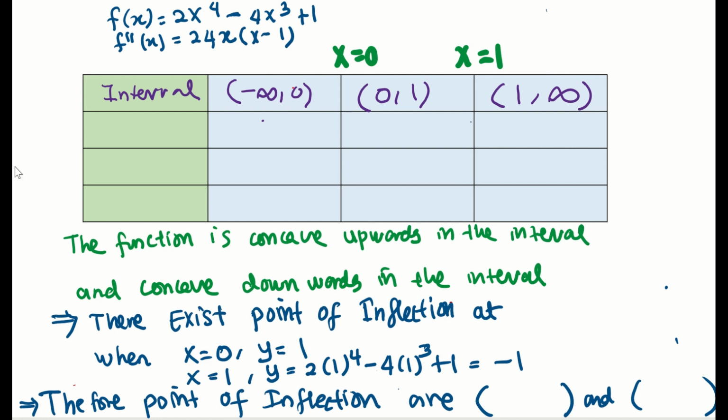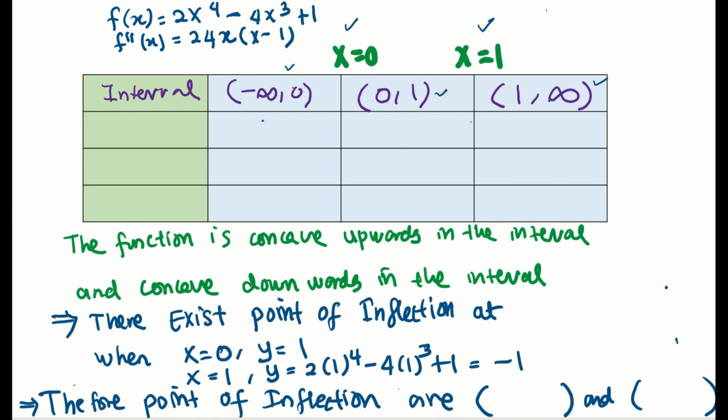Now we draw a table. For the first row of the table, the intervals are negative infinity to 0, then 0 to 1, and the last is 1 to infinity, separated by the lines x equals 0 and x equals 1.